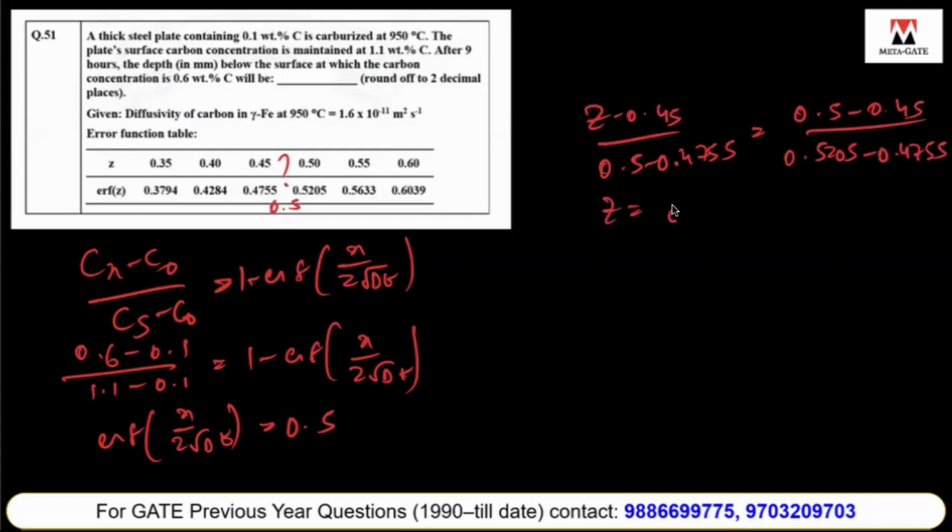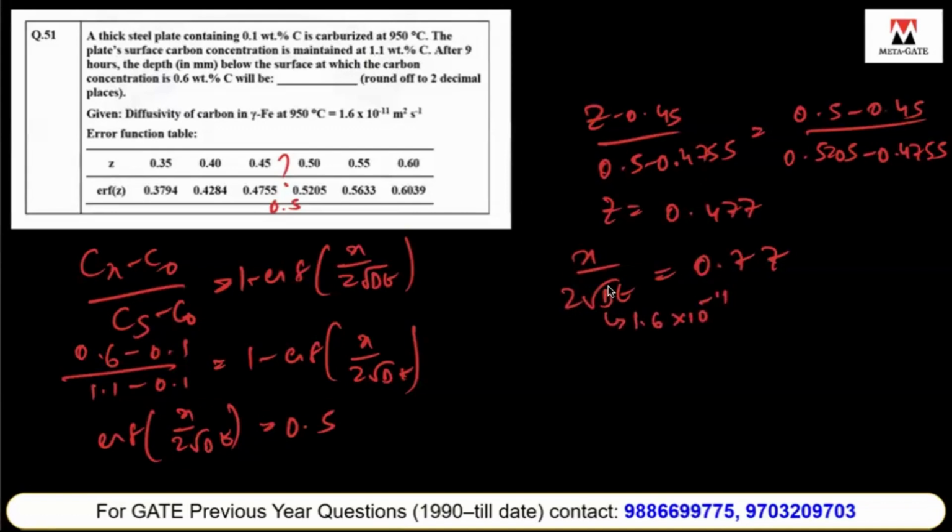Z is equal to 0.477. So x by 2 root Dt is equal to 0.477. And putting the values, you get x is equal to, here diffusivity is given as 1.6 into 10 power minus 11.